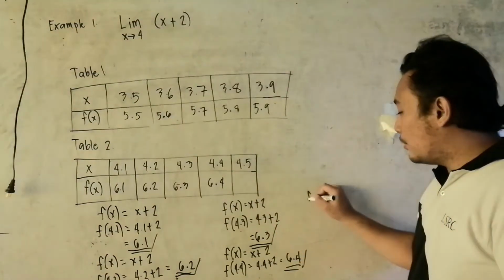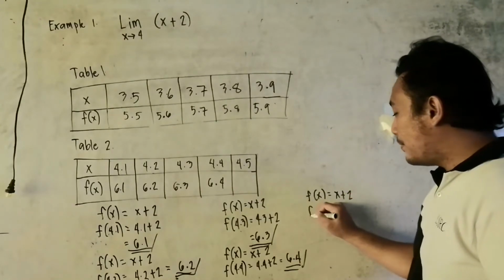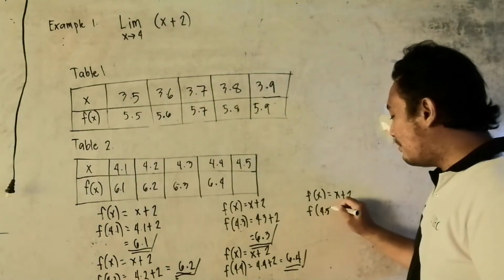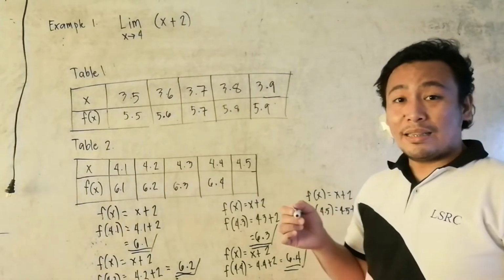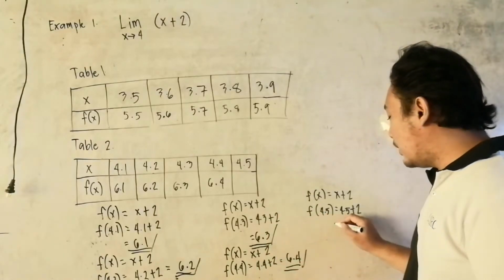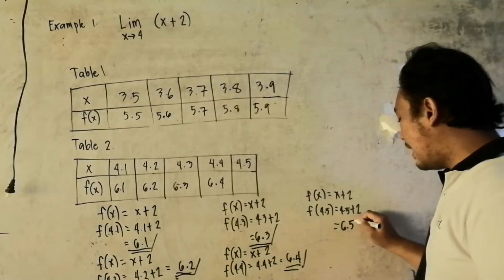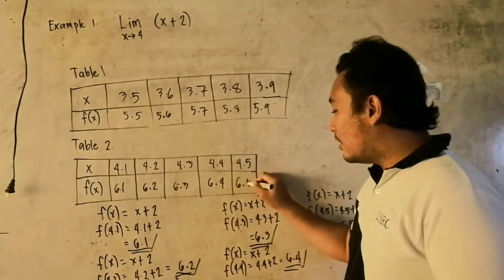Lastly, we have f of x is equal to x plus 2, and then f of 4.5 is equal to 4.5 plus 2. So what is 4.5 plus 2? That is equal to 6.5. So 6.5 ang ilalagay natin dito.